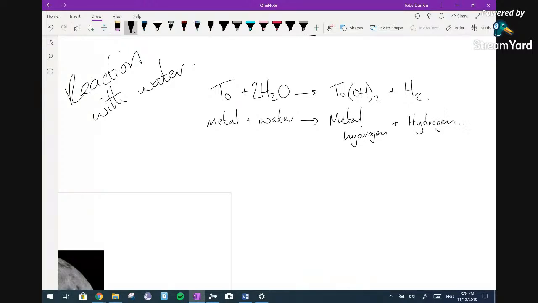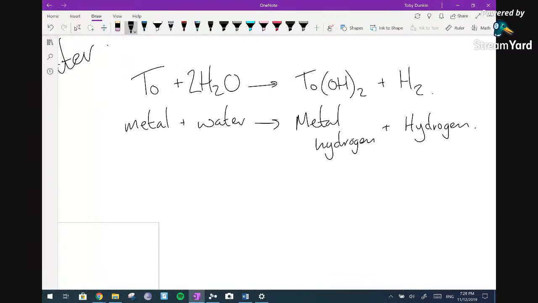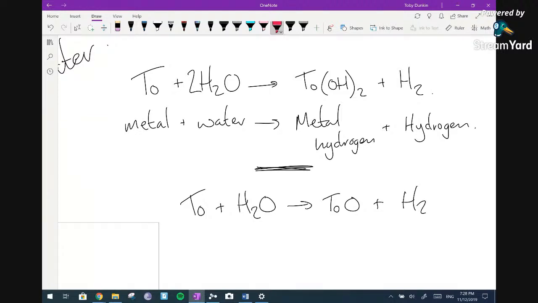It's not an easy thing to build, and it doesn't immediately stand out to people. What they want to do is swap the hydrogens for the TO and make TO. Most students would do this, which is an error. They're going to form TOO and hydrogen. That's not correct. You don't form the oxide. You form the hydroxide in the presence of water.